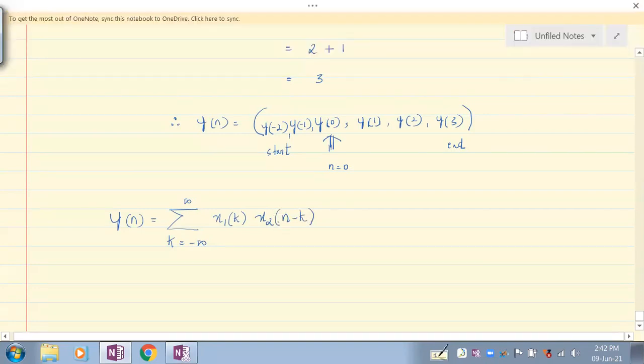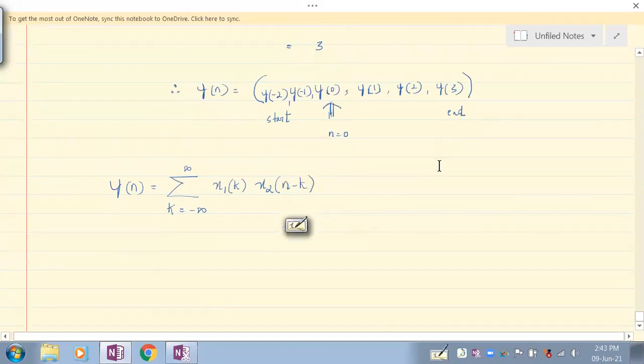The first sample that we need to obtain is y of minus 2. So let's start with the first sample here and let's go in this particular direction to obtain the last sample. The first sample we are obtaining is the n equal to minus 2 sample.